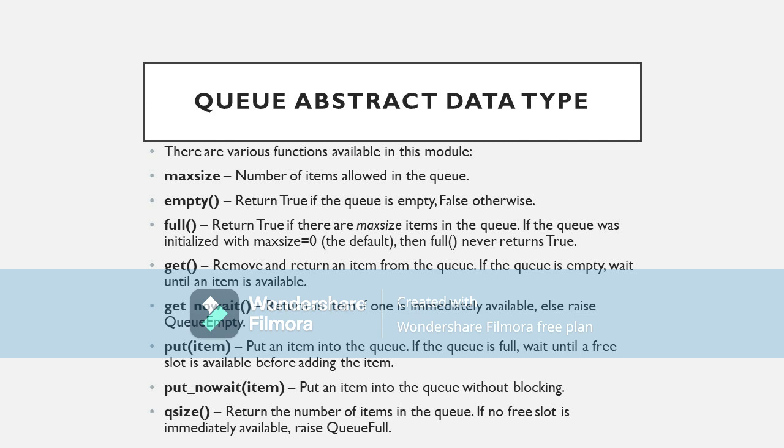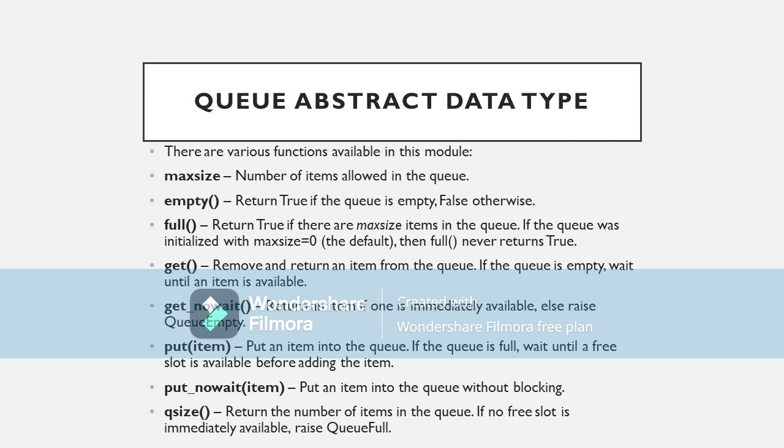The get function removes and returns an item from the queue. If the queue is empty, it waits until an item is available. Then get_nowait returns an item if one is immediately available, else raises queue.Empty. put(item) puts an item into the queue.